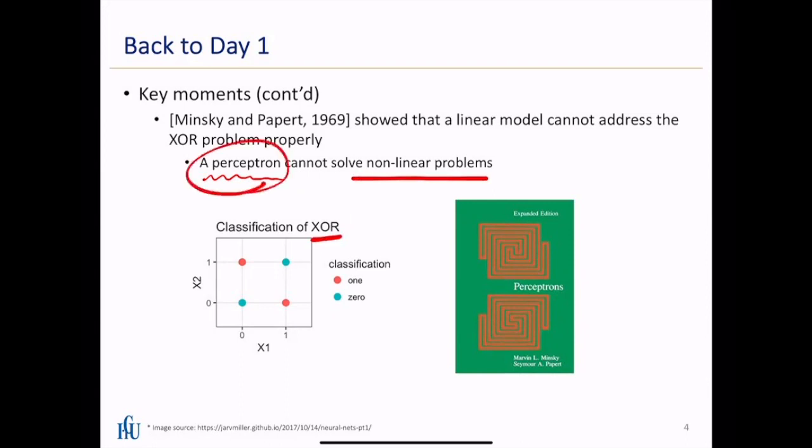A perceptron is like logistic regression. It can draw a straight line to make a decision, like this or like this. However you draw such a line, you cannot completely distinguish the red and blue dots. In order to completely separate the red and blue dots, you need a line like this, but this is something a perceptron cannot do.